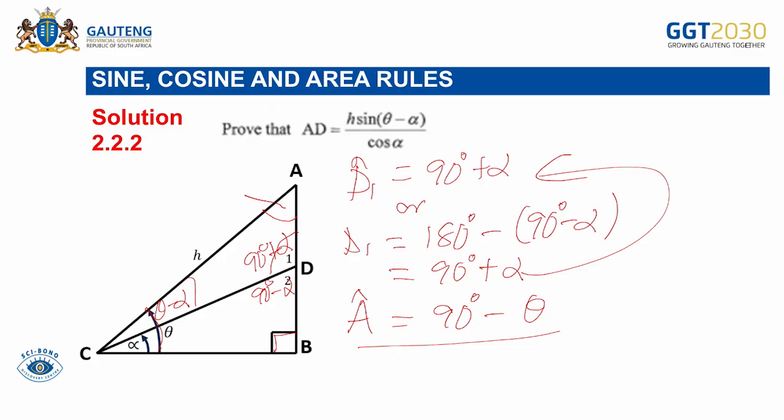This is what we were trying to prove. That's how you could have proven this. First things first, fill in all the angles that you can fill in. Fortunately here, we managed to get all the angles involved in the diagram. Then we zoom in to triangle ADC. We take advantage of triangle ADC because we want to find the length of what? AD.